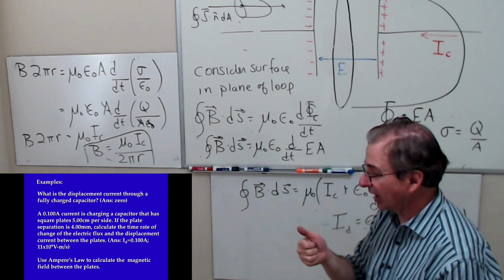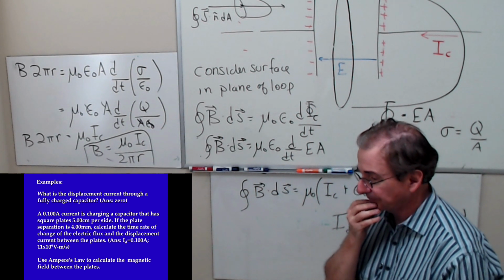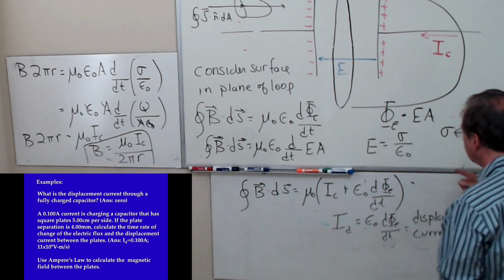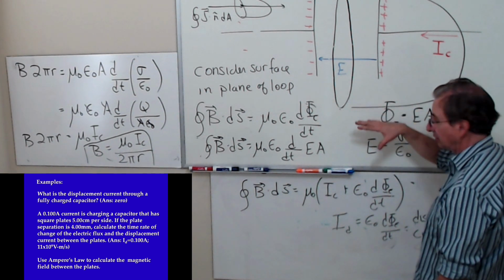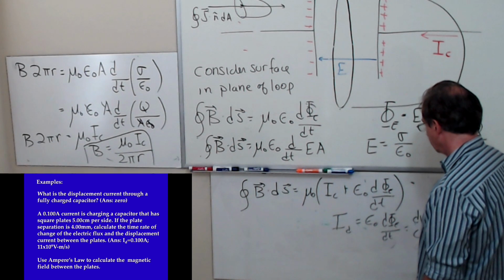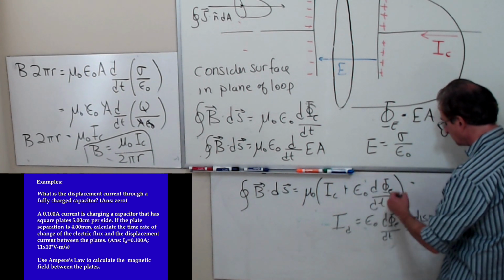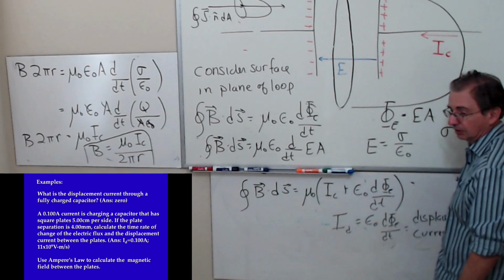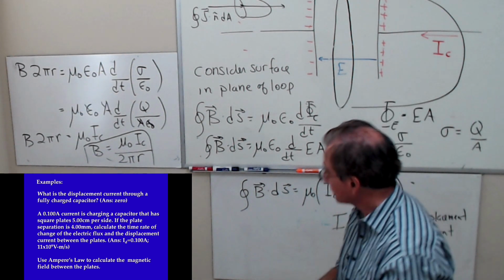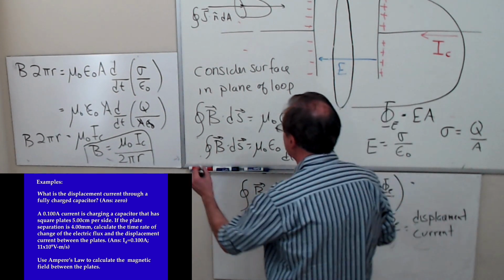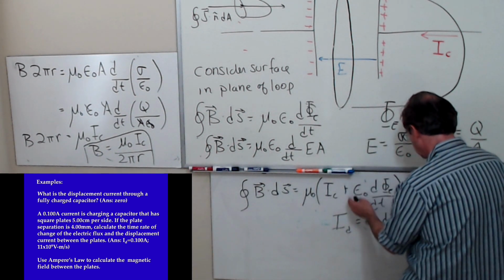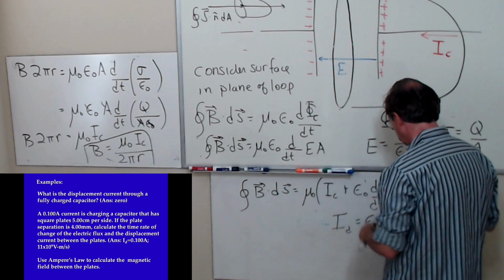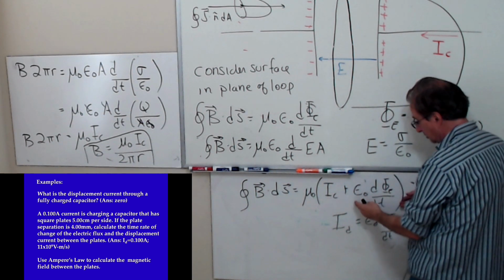Okay, so we've already calculated the magnetic field between the plates. And what you see in these problems is, what do you think this value is equal to in between here? As I evaluated this integral over this surface, what did this come out to be?